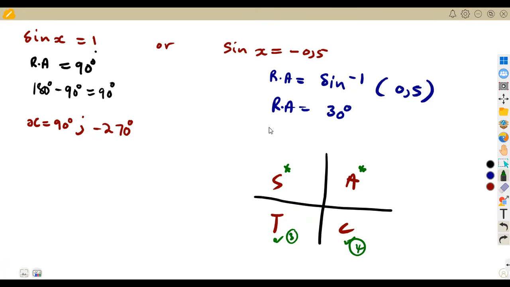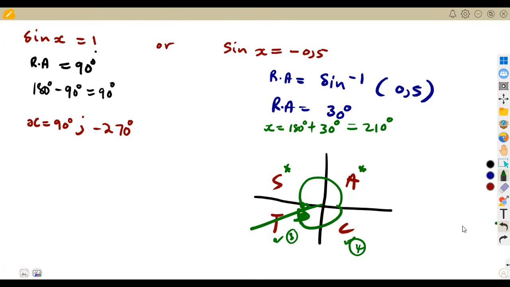So your x, for a positive angle, is going to be 180 degrees plus the reference angle in this quadrant, which is 180 plus 30, which is 210 degrees. But remember, there are two angles that can be found in this quadrant: a positive angle and a negative angle.